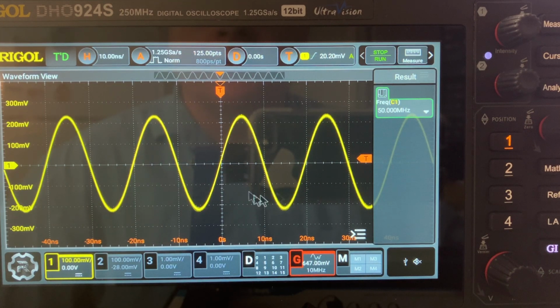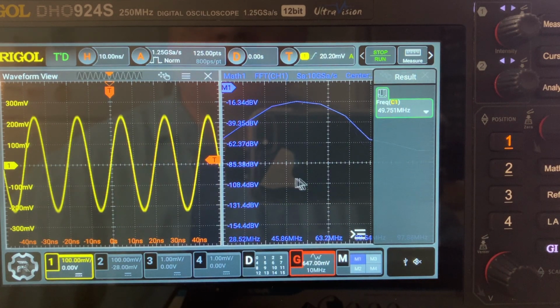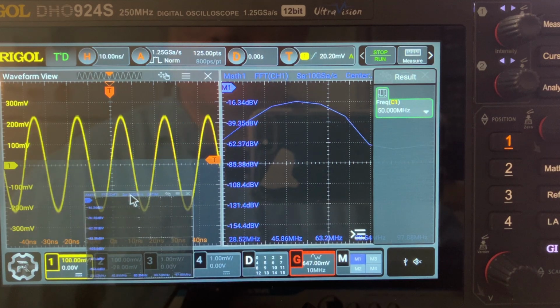So the shape is stable, it's nice. We start to see some dancing a little bit, but very small. One way to look at it is through the math function FFT. Let's put it there.